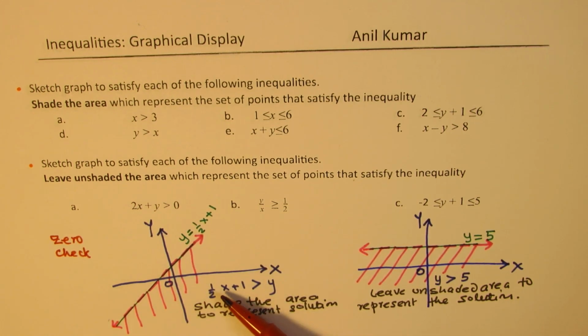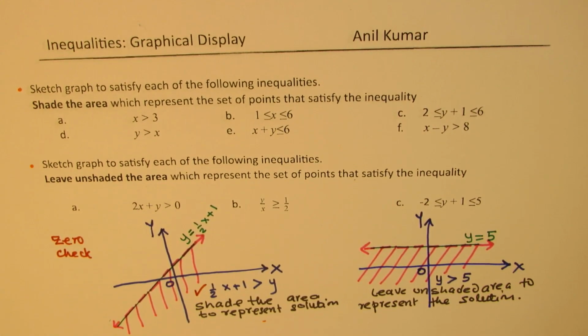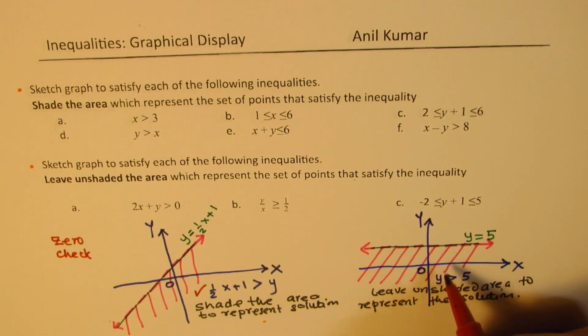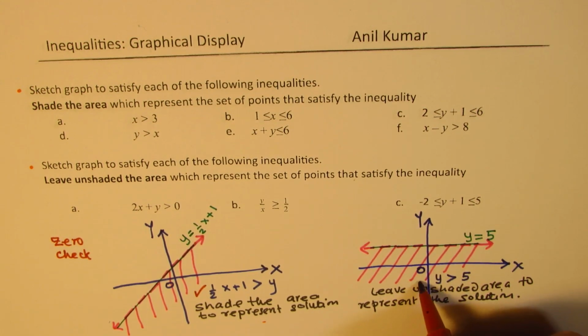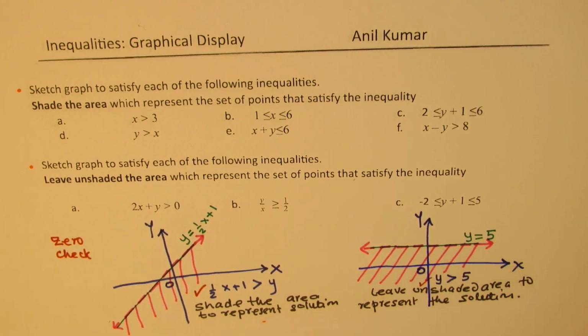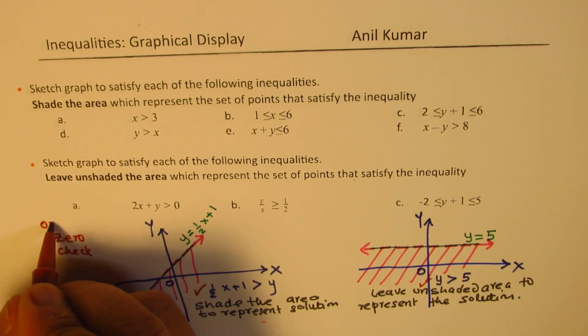So if I put 0 here for x and y, we get 1 is greater than 0, which is true, right? So that is correct. In this case, if I put 0 here for y, 0 is greater than 5 is not correct, perfect, and that is why we have shaded this portion. Does that make sense to you? Sometimes we also say, instead of zero check, we say origin check.